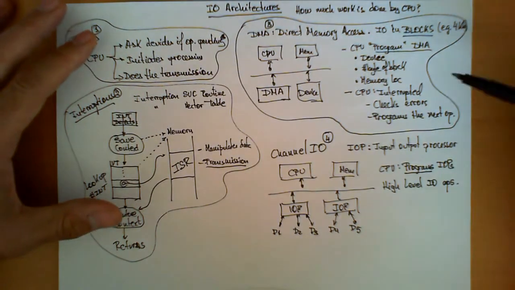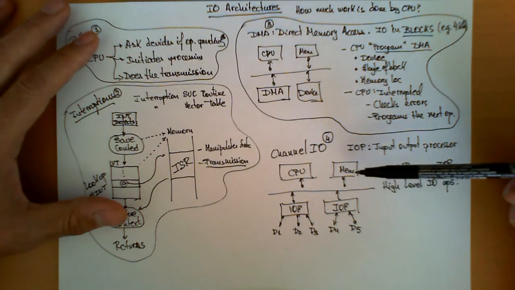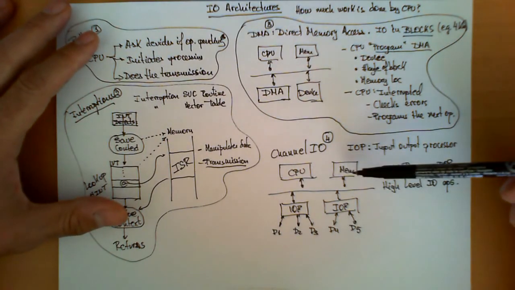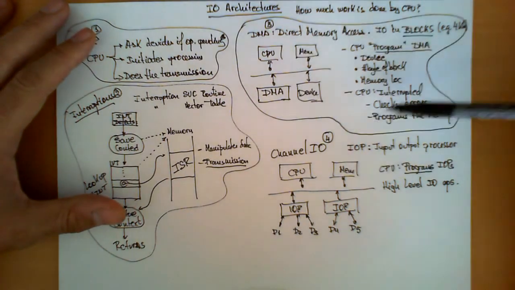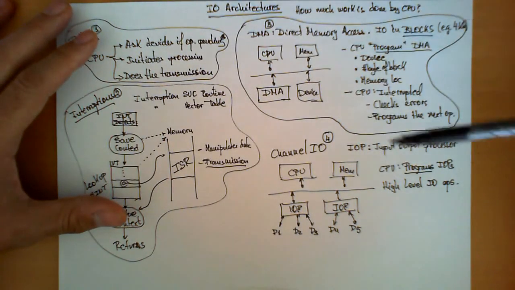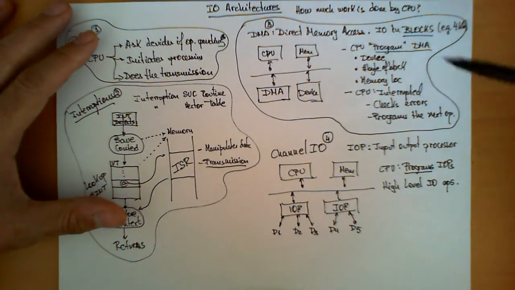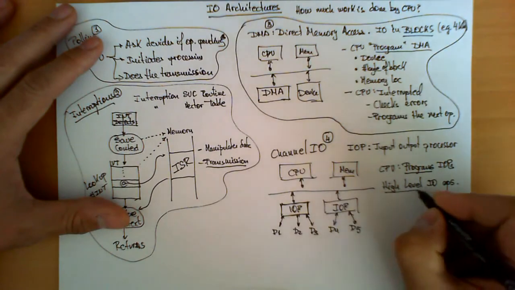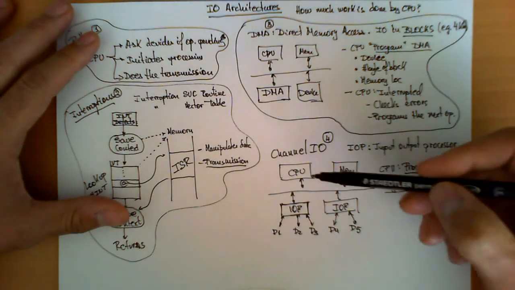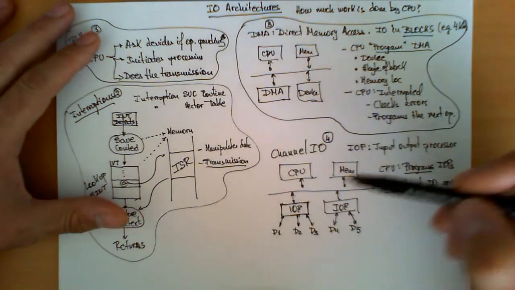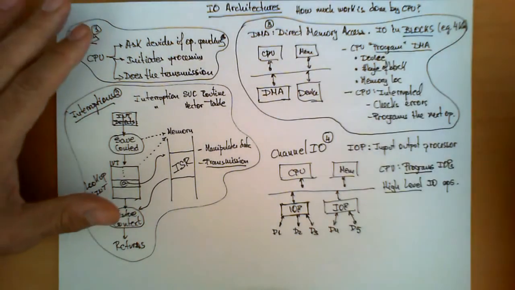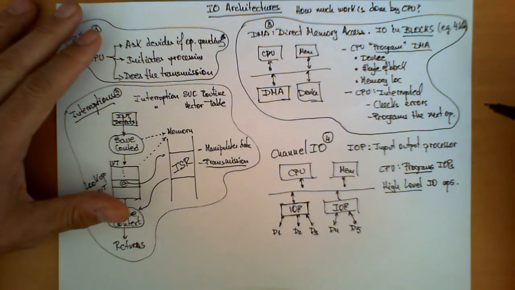For example, suppose we have to transfer a file which is in memory to disk, and this file has a large number of sectors or blocks. In the DMA approach, the CPU would have to intervene every time a block needs to be transferred. IOPs, on the other hand, are capable of understanding higher level input-output operations. Therefore, the CPU would only program the IOP to say this file that you have in memory needs to be stored in disk, and that's it, and then check again that the operation has been done successfully.